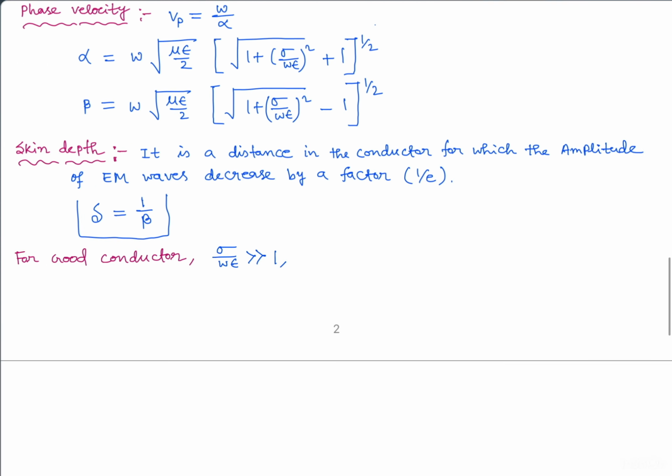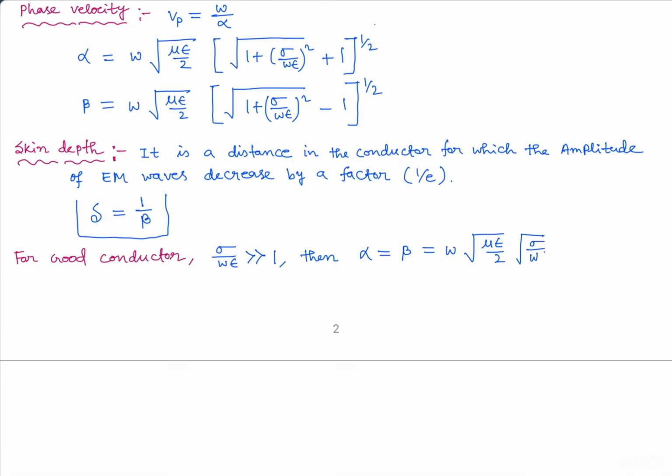Then alpha equal to beta equal to omega root over mu epsilon by 2 into root over of sigma by omega epsilon, which equals root over sigma mu omega by 2. So skin depth delta equal to 1 by beta equal to root over 2 by mu sigma omega. This is for good conductor.